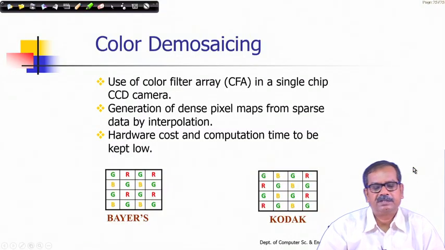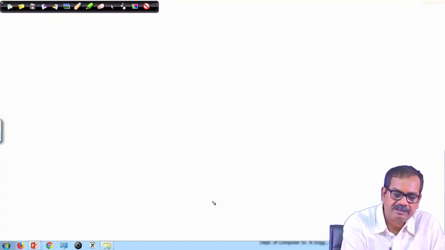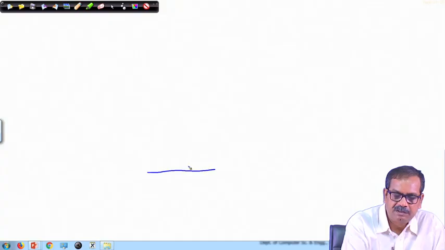Next, the type of processing that we are going to discuss is the color demosaicing operation. In this problem we use a color filter array. First, let me explain the principle of the single chip camera. For a normal camera with full color reception, we require 3 types of filters. Suppose there is a color signal.